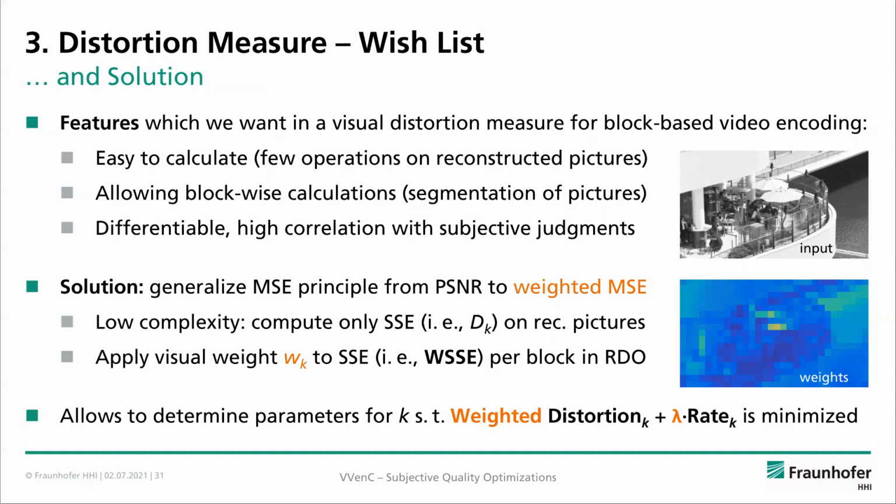The solution we came up with is to generalize the MSE principle, known from PSNR, to a weighted MSE approach, which maintains the low complexity advantage, since we need to calculate only the SSE on the reconstructed pictures, and we apply a visual weight W of k to each block during the rate distortion optimization.